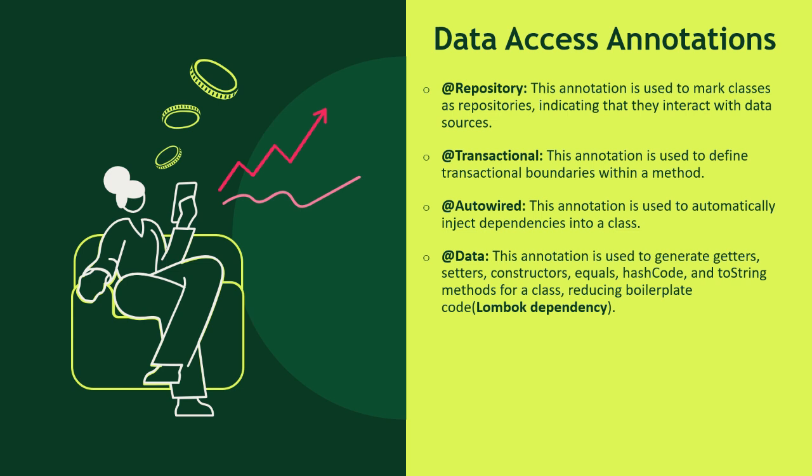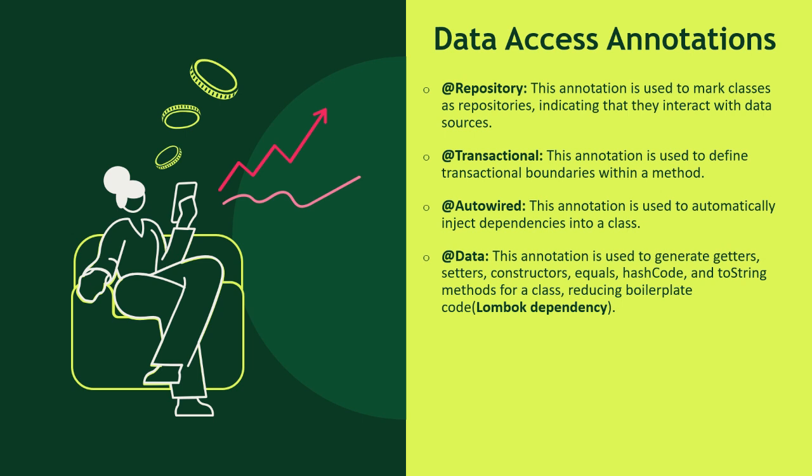When you annotate with @Autowired, it will automatically look for the type which implements that interface and inject that dependency. It will manage the whole life cycle of creation and destruction inside the container.